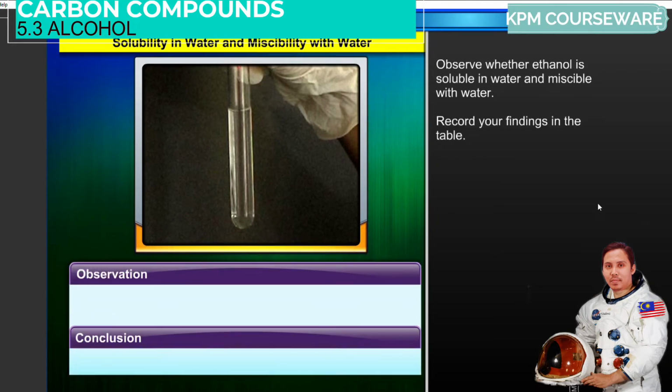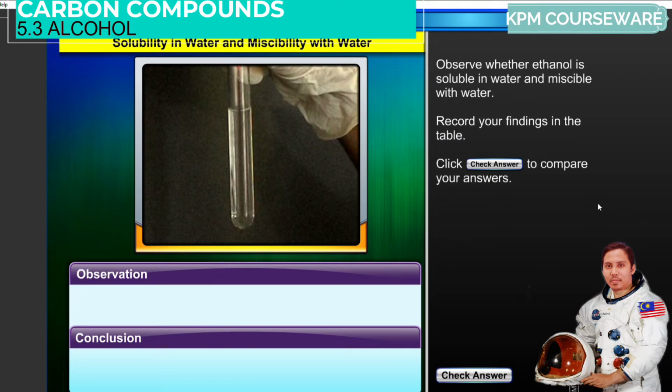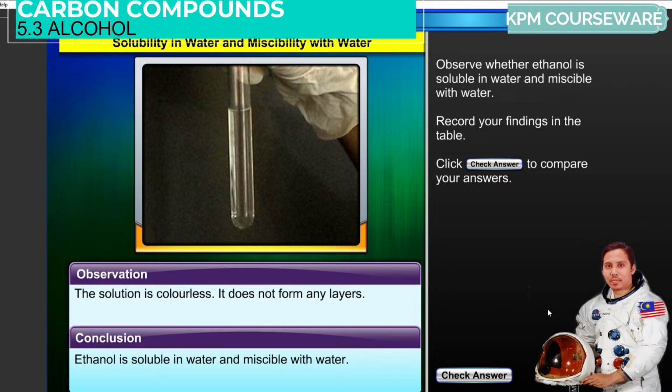Record your findings in the table. Click Check Answer to compare your answers. The solution is colorless. It does not form any layers. Therefore, ethanol is soluble in water and miscible with water.